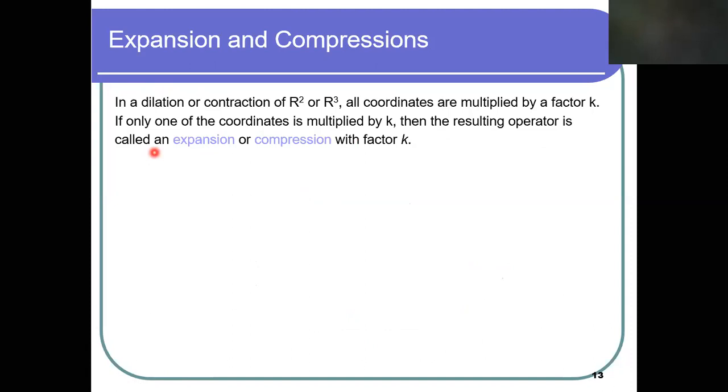In dilation and contraction on R2, the coordinates are multiplied by a factor k. If only one coordinate is multiplied by k, meaning only one component in the xy coordinates is multiplied by a constant k, the resultant operator is called expansion or compression with factor k.